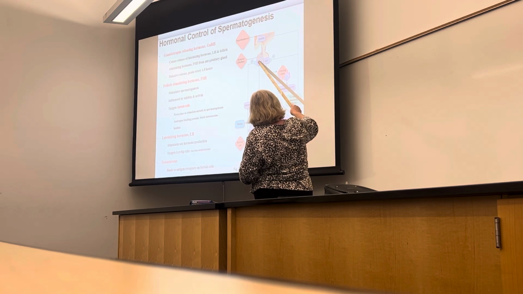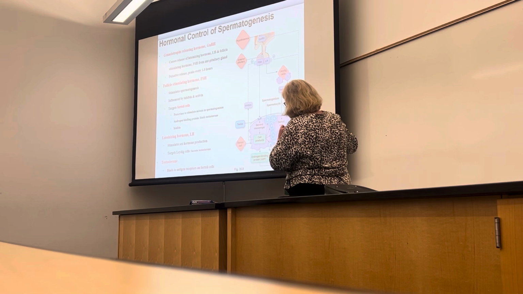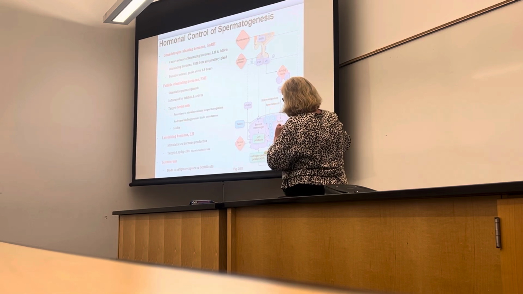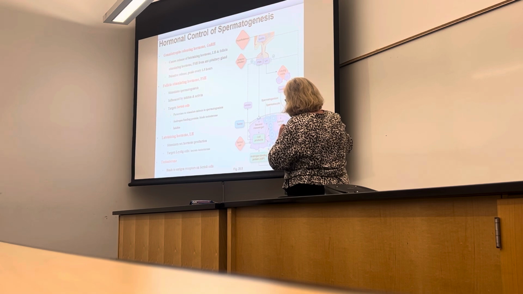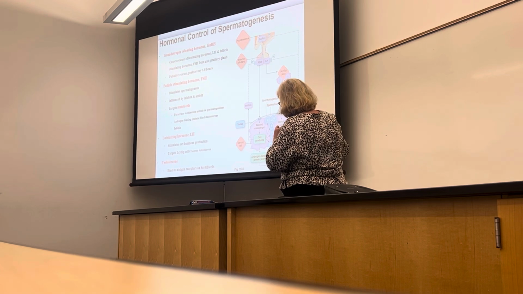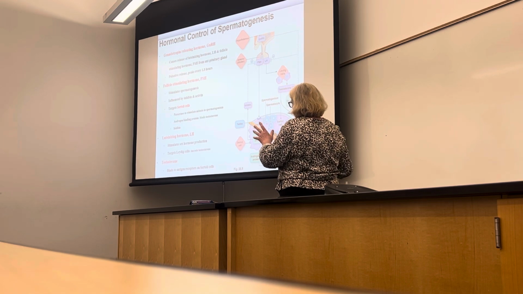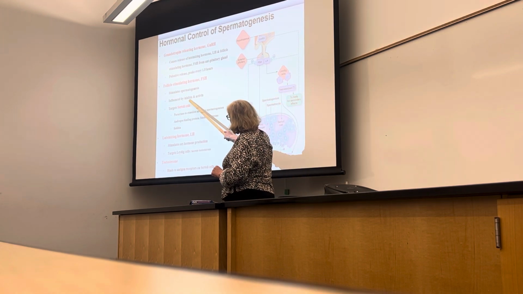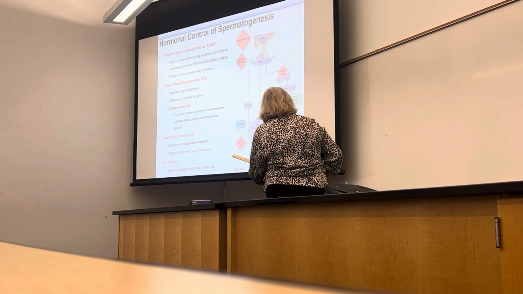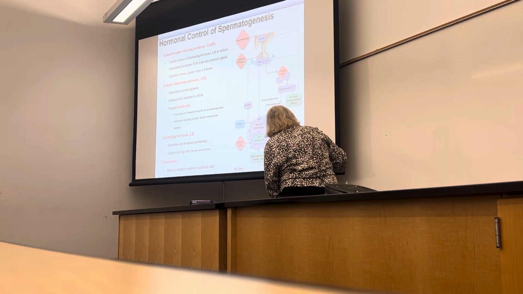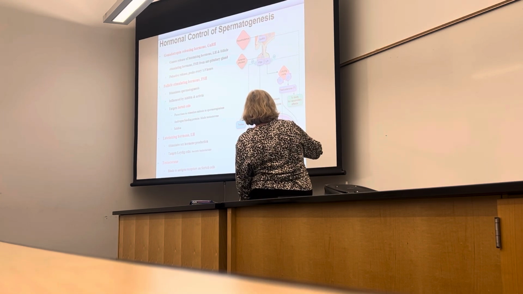And then FSH has a very important role in stimulating spermatogenesis. Inhibin and activin will also have an effect, but that's a secondary effect, so it would be additionally influenced by inhibin and activin. Also FSH plays a very important role in stimulating the Sertoli cells.